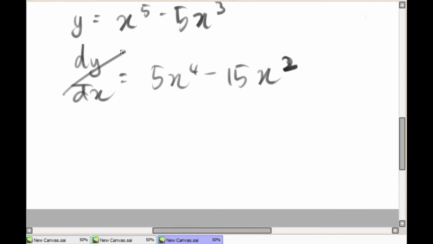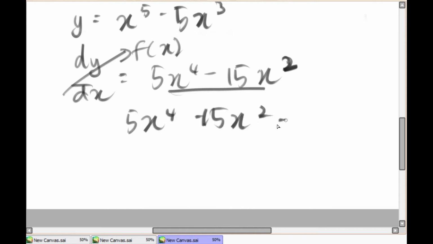Now we're going to replace this with f'(x) so that it'll be clearer what we're subbing into these x variables, because finding the increasing function involves subbing values into x. Now we're going to set this to 0 to find the critical points.